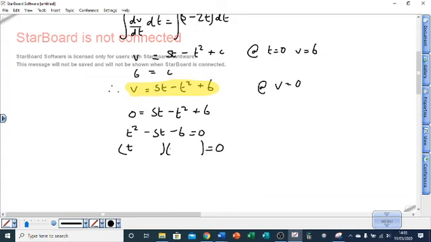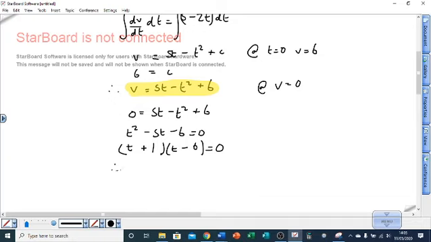So we've got t, 6 and 1, and that is a minus and that is a positive.